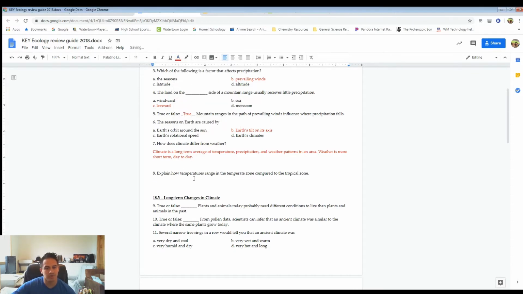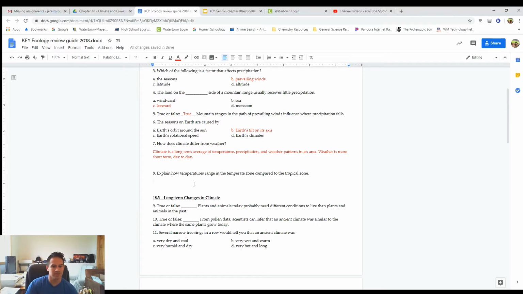Number eight, explain how temperatures range in the temperate zone compared to the tropical zone. In the temperate zone, which is of course where we live here in Minnesota, temperatures are going to go from very hot in the summertime to very cold in the winter, right? We have seasons. In the tropical zone, they don't have seasons. It's basically warm and sunny all the time.